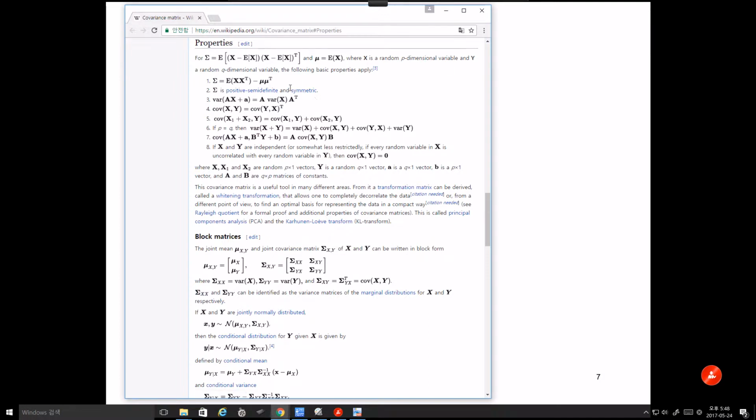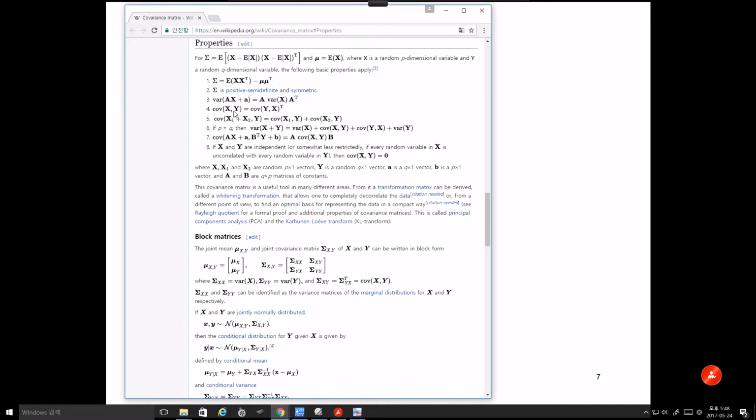Symmetric means that the entry ij is the same as the entry ji. It is natural because the covariance between xi and xj should be the same as the covariance between xj and xi. Now this one: variance of Ax plus a is A variance of x A transpose, where this means transpose.